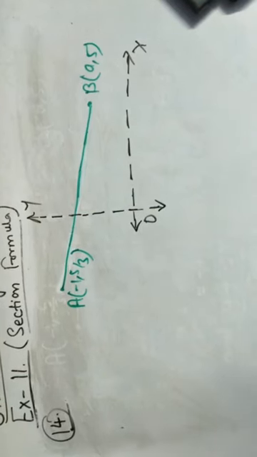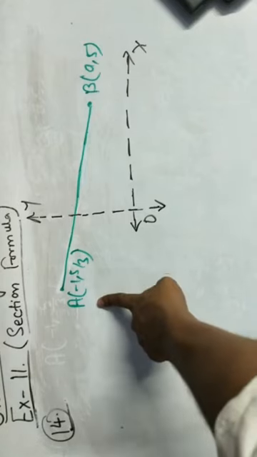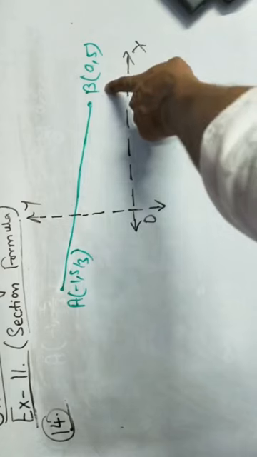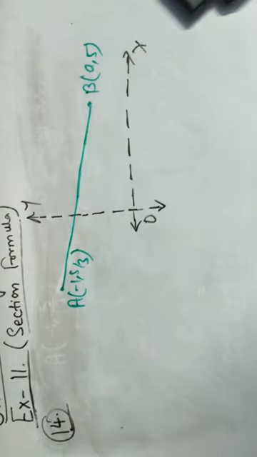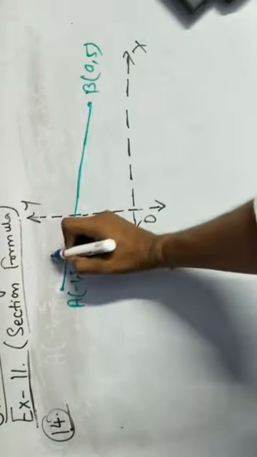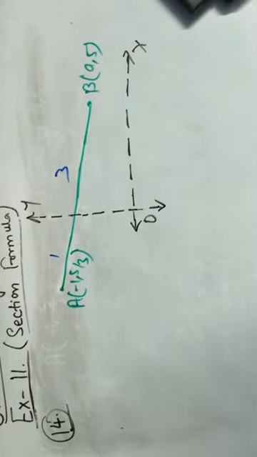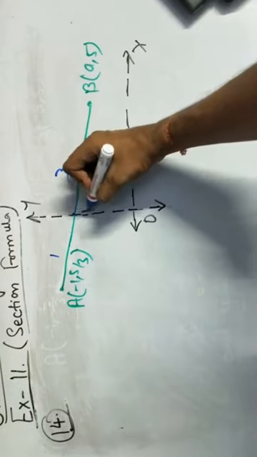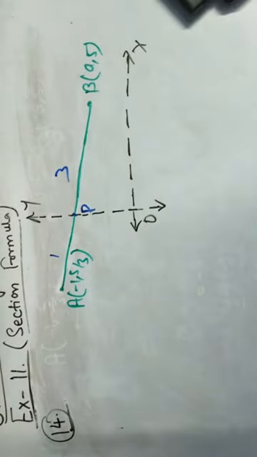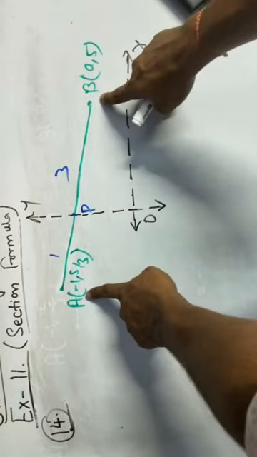Moving on to question number 14. The question says the line segment joining the point A minus 1 comma 5 by 3 and B A comma 5 is divided in the ratio 1:3. 1:3 is a ratio in which it is divided at P. So this is the point P where the line segment AB intersects the y-axis.